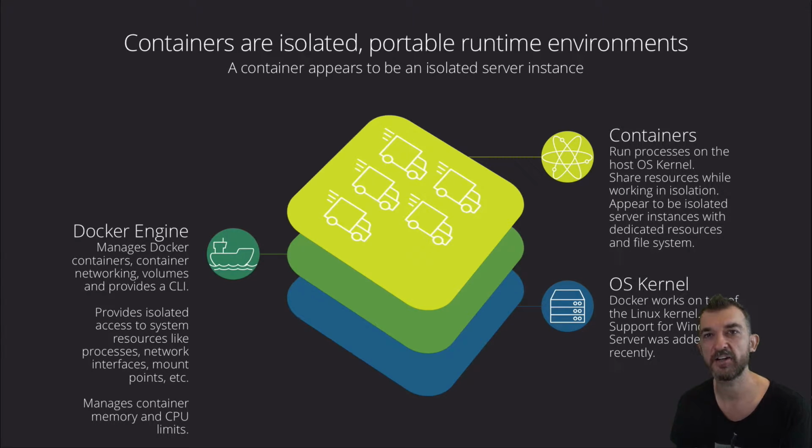There are two kinds of Docker containers in production mode. There are Linux containers and there are also Windows-based containers. Linux-based containers run on Linux machines and they run on top of a Linux kernel. Windows-based containers, on the other hand, run on Windows servers and they run on top of the Windows kernel.